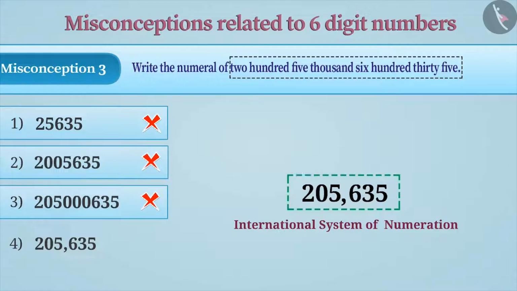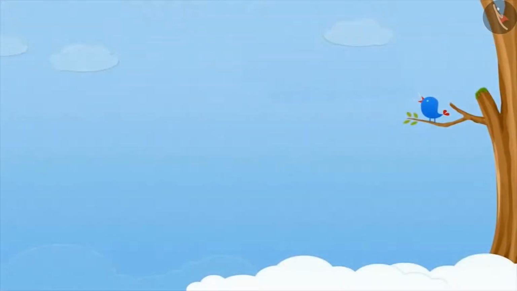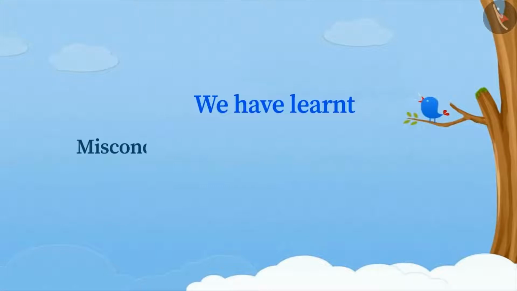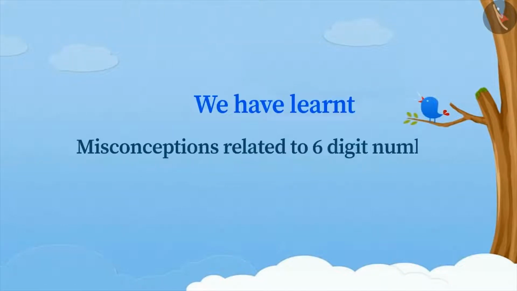With the correct understanding of number representation, option 4 is chosen as the correct option. We have now learned the misconceptions related to 6-digit numbers. Barring these misconceptions, your understanding of 6-digit numbers must now be perfect.